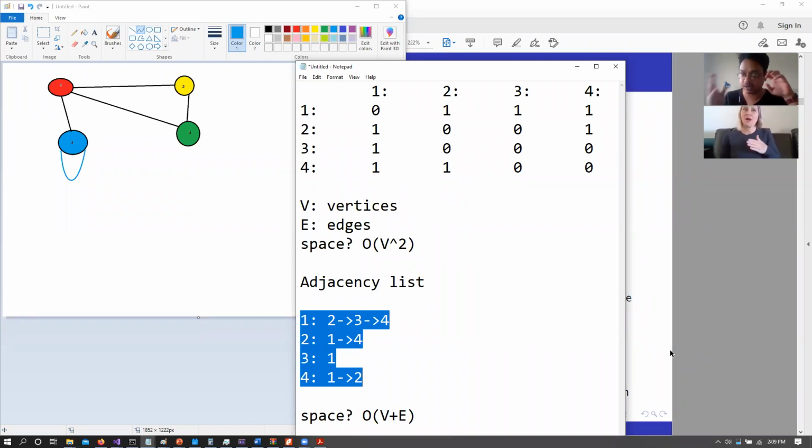If it's a complete graph, let's say I have a few vertices, but all of them are connected to every other vertex, in that case it would be better to use the adjacency matrix representation, because it's a more complete and dense graph. However, if I have very sparse graphs that have very few edges, then it would be better to represent it as an adjacency list, right?